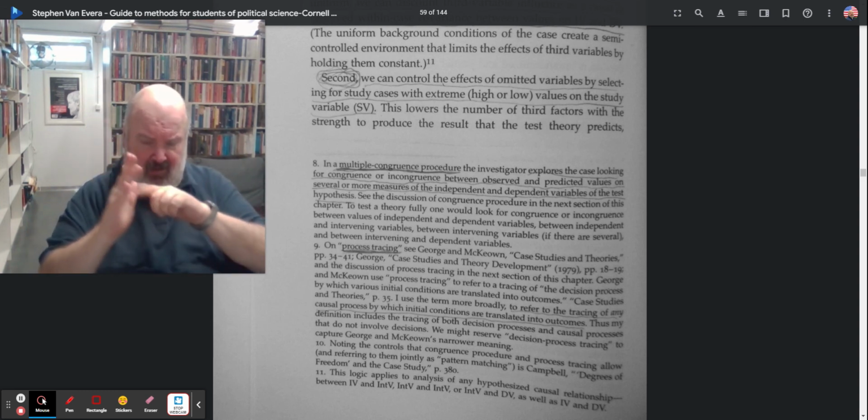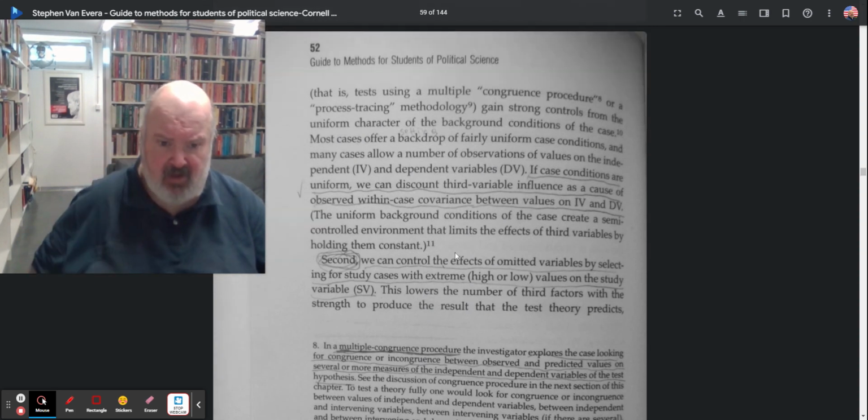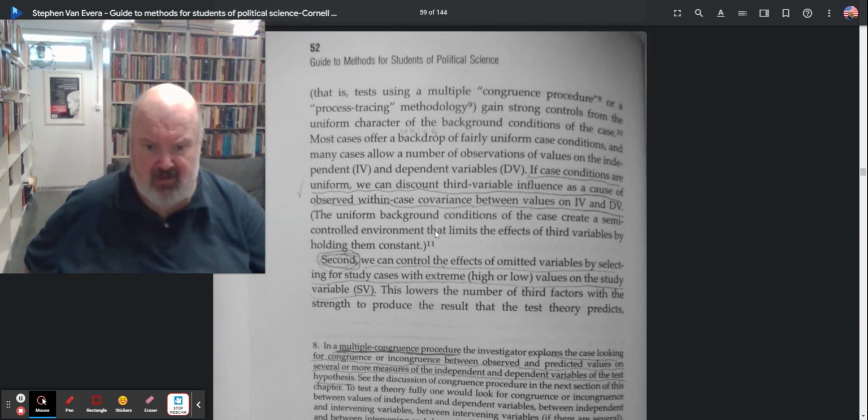We need to do this, inherent in the case. But he says that we can observe the values of independent and dependent variables, right? Observations of this. If the conditions are uniform, we can discount this, he says.